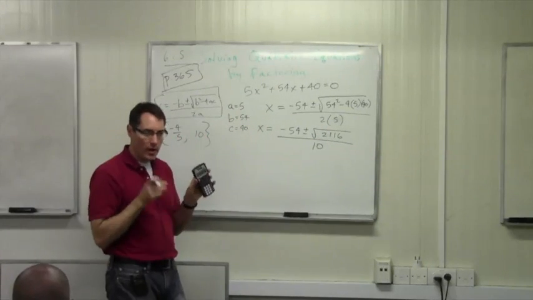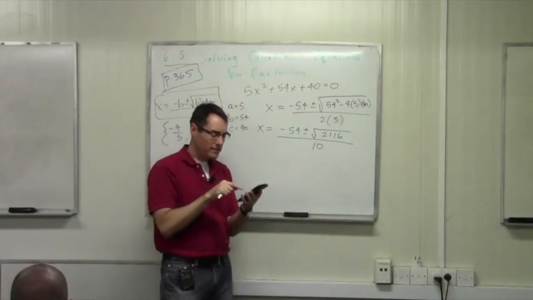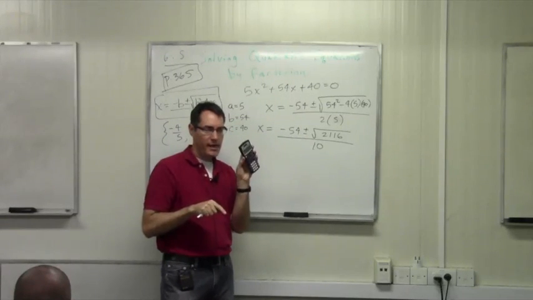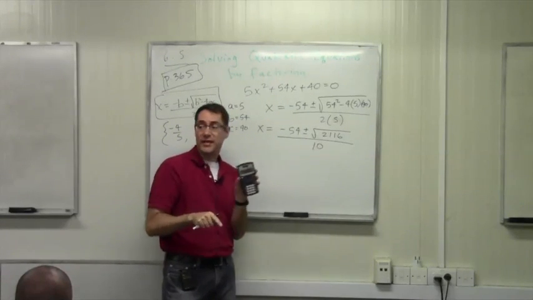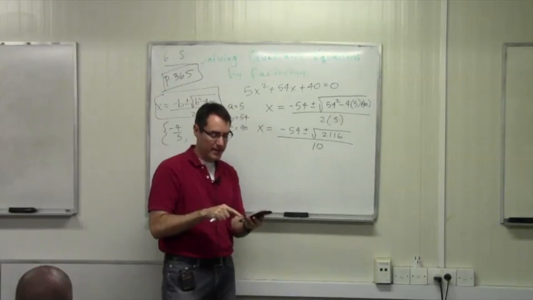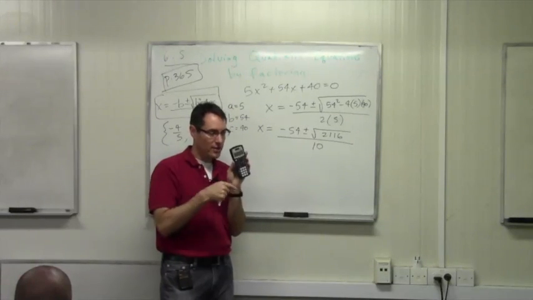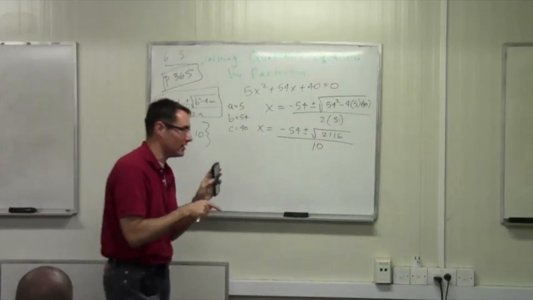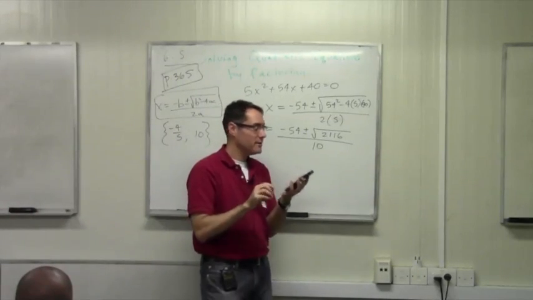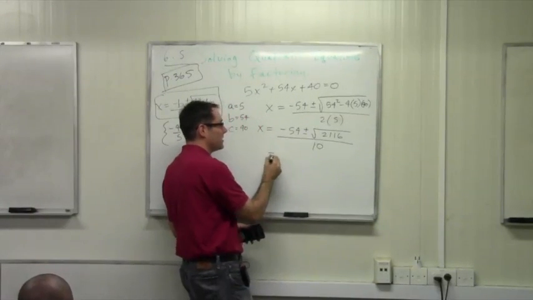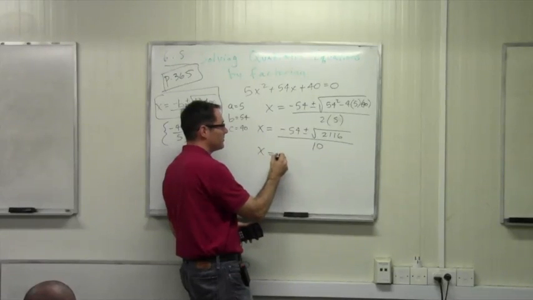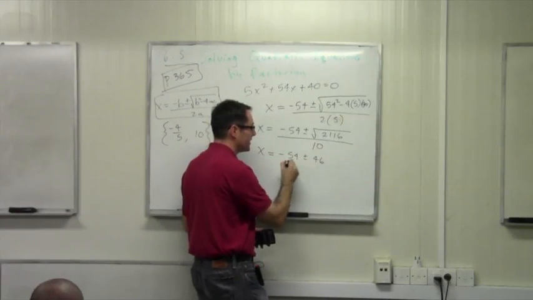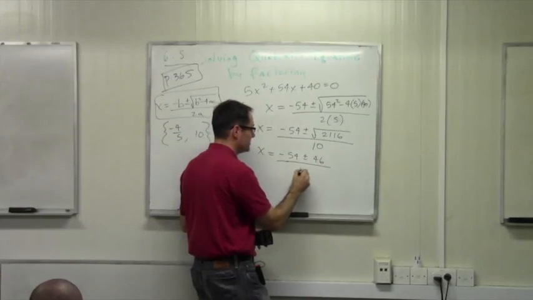And then you take the square root. To do that on your calculator, you hit the second square root button, and then you can type 2116, or you could just type second answer. There's a little A and S button, at least on mine. On some of the other ones, there's actually just an answer button. Makes it nice and easy. And it ends up being 46. X equals negative 54 plus or minus 46 divided by 10.